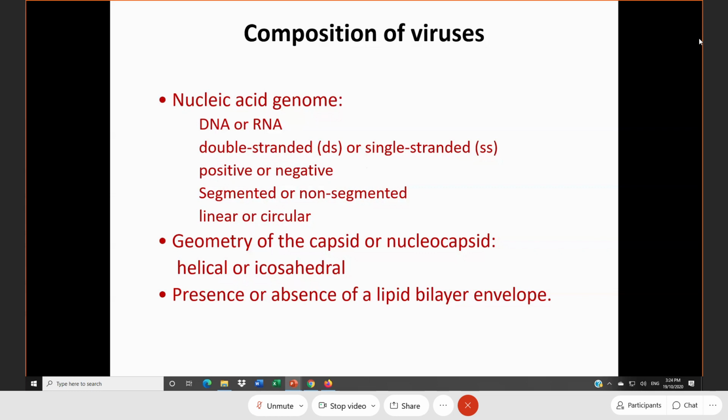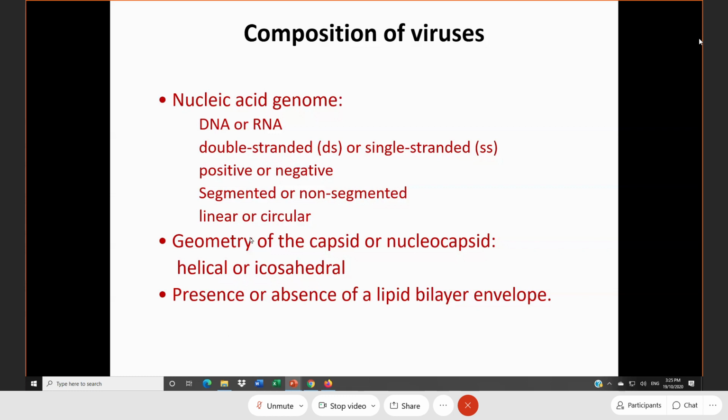Segmented means one strand, two strand, three strand. Each strand carries different genes. They don't repeat. They don't have several copies of the segment in the same virus particle.